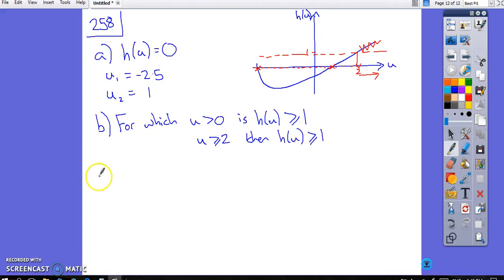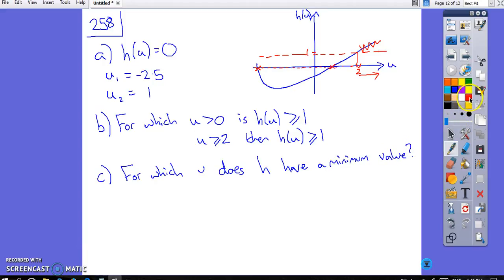Then C, for which u does h have a minimum value, is the value of the function minimal?